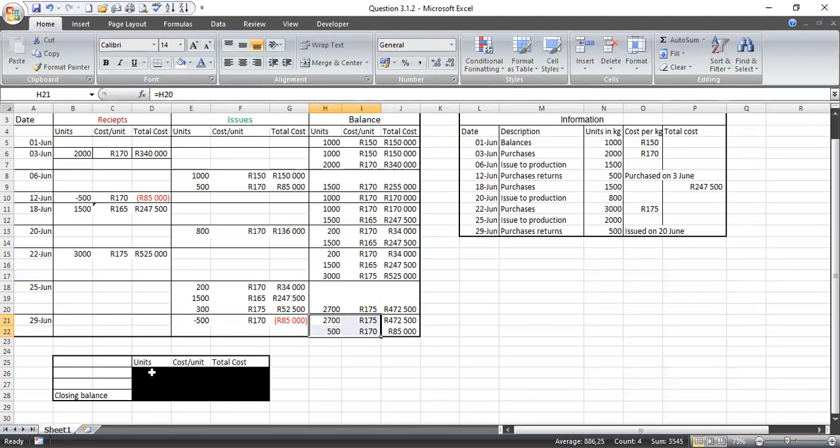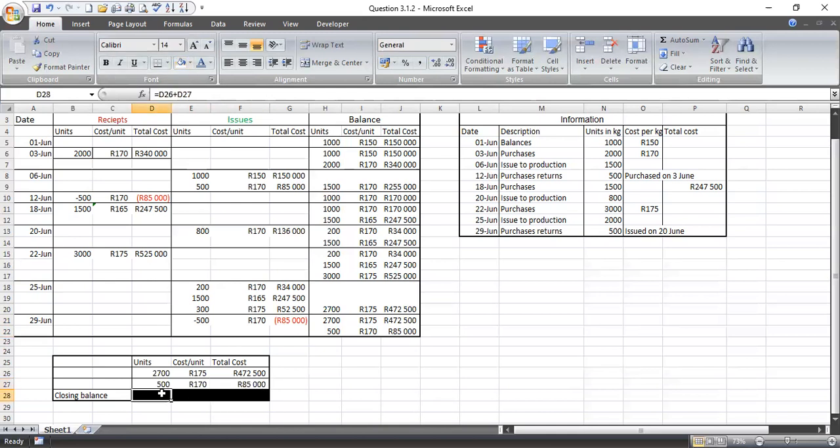So we had 2,700 units at a cost per unit of 175 and at a total cost of 472,500, and also we have 500 units at a cost per unit of 170 and at a total cost of 85,000.